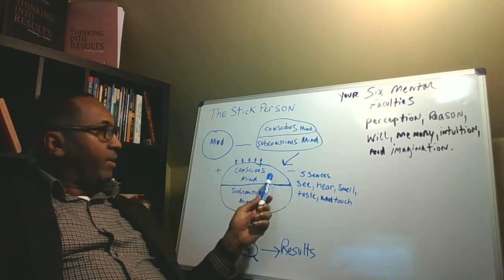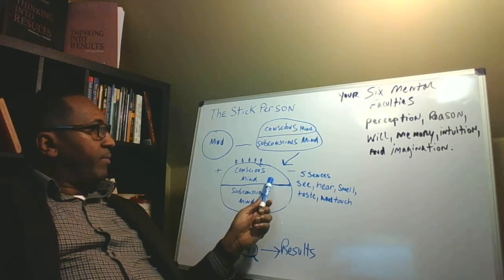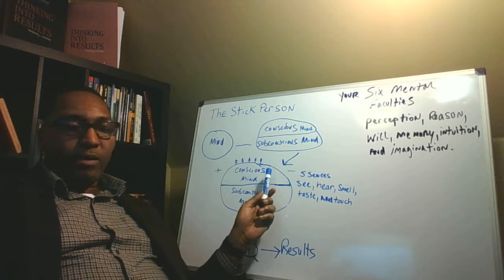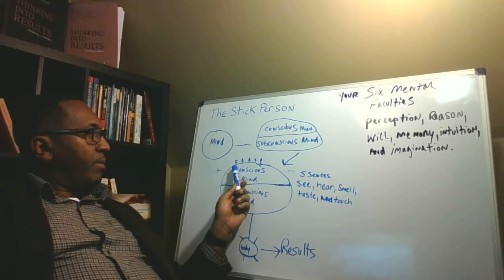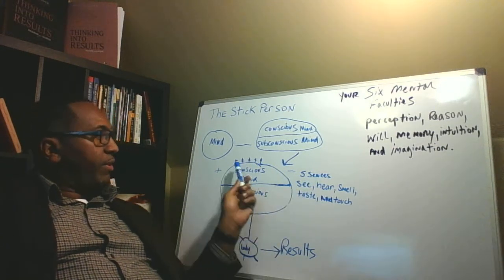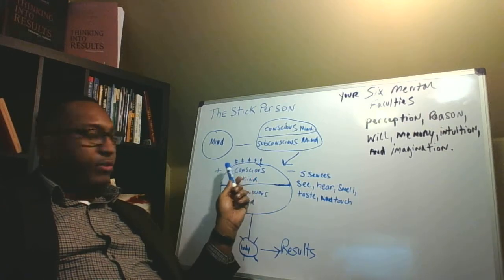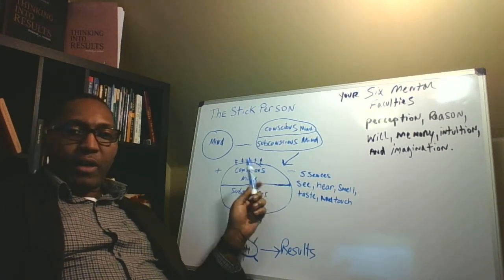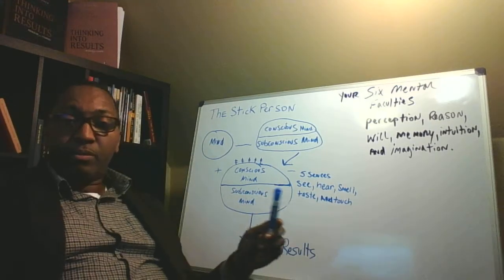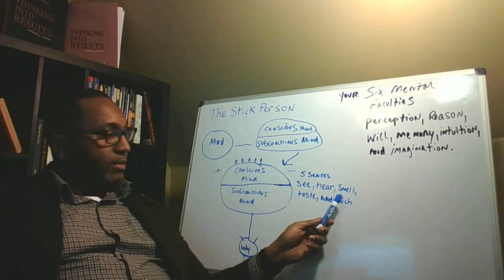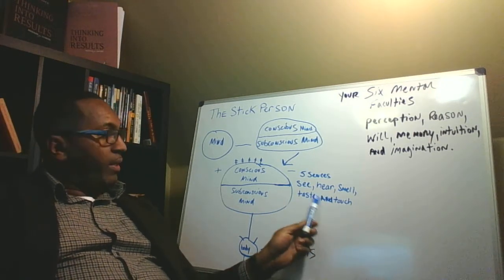Here you see the conscious mind. Most people focus on this area right here because most people focus on the five senses. These little antennas right here represent the five senses of our conscious mind that most people use, which is what we see, hear, smell, taste, and touch.